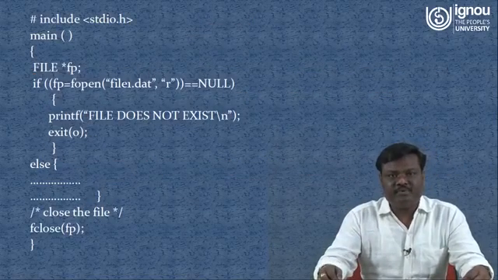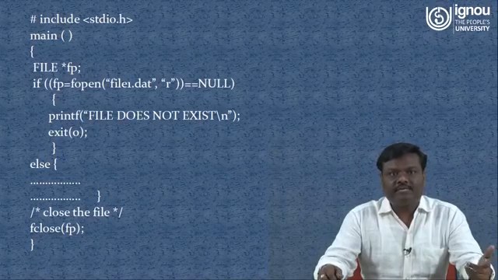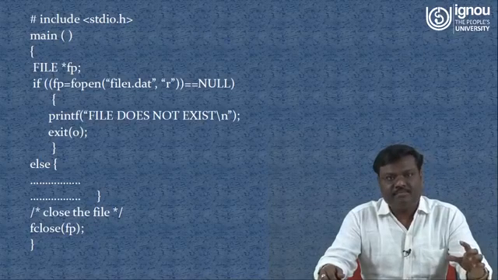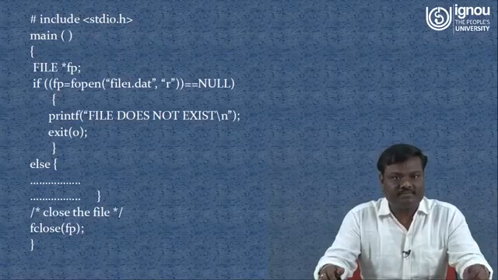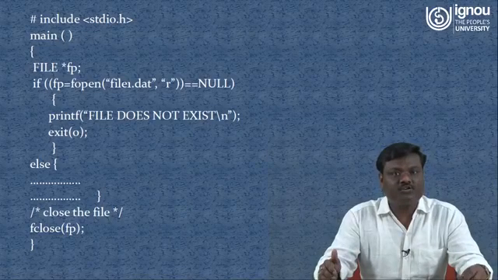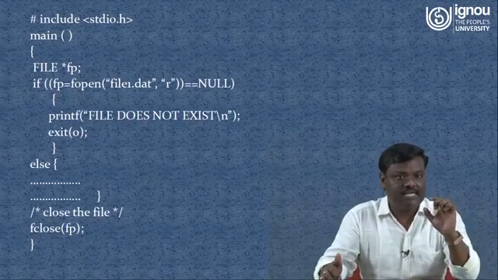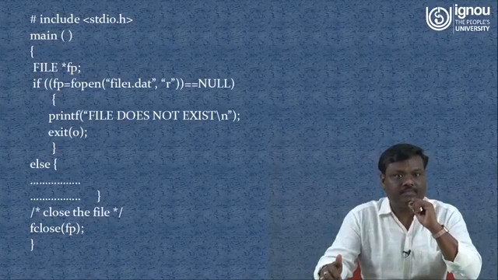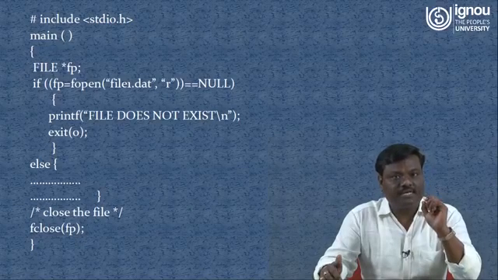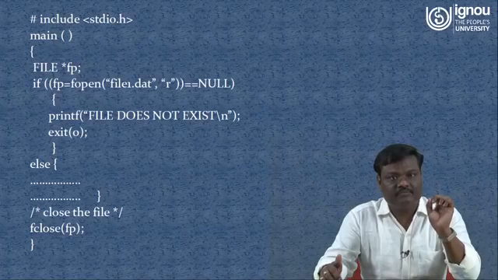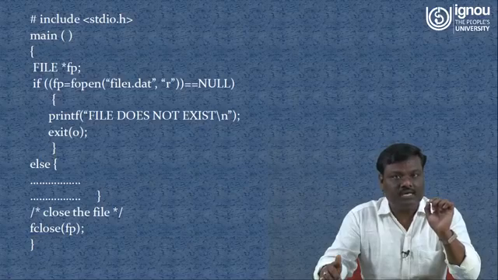Let us see a simple program. Here a simple caution statement is written. If the file is opened successfully, then you can see the else part for processing; otherwise you can see the if part. If fp, which is the pointer variable to a file that we are opening in read mode, is equal to NULL, then the file doesn't exist.